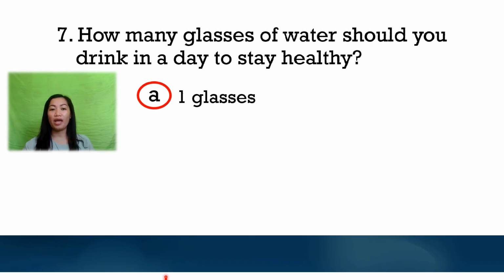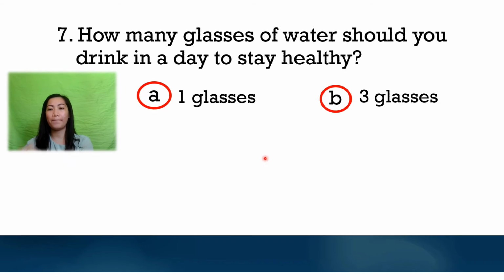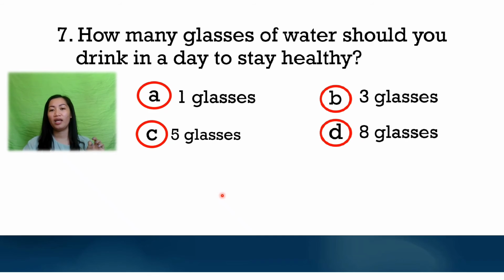Is it letter A, 1 glass of water? B, 3 glasses of water? Letter C, is it 5 glasses of water? Or letter D, 8 glasses of water every day? So which is the correct one?